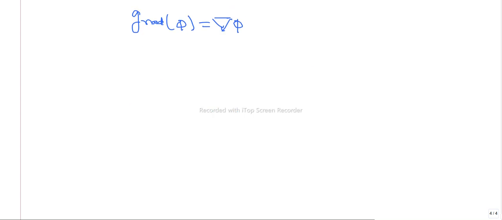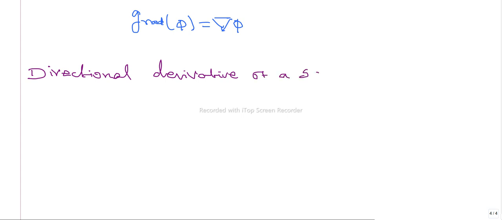Not just a derivative, this is called a directional derivative of a scalar valued function.